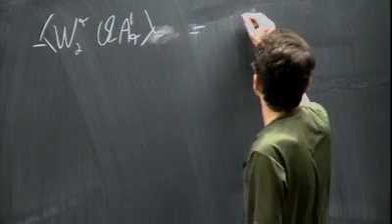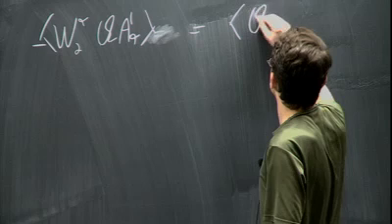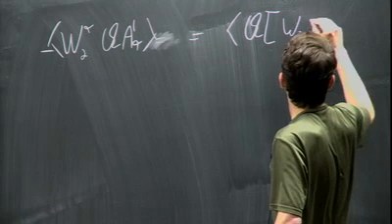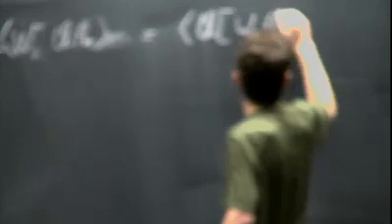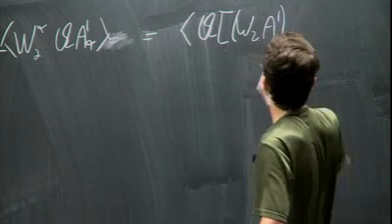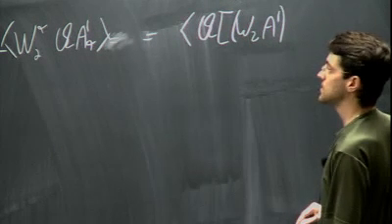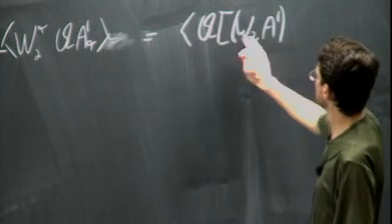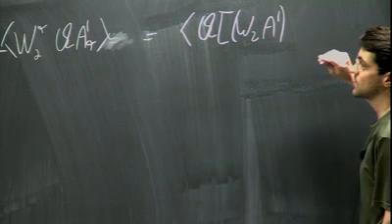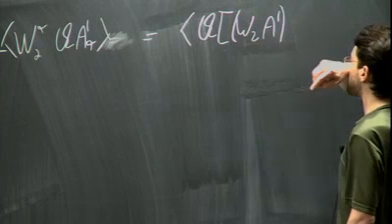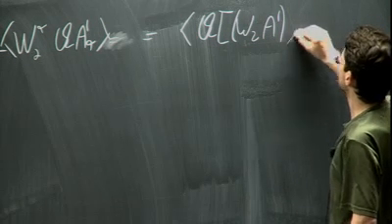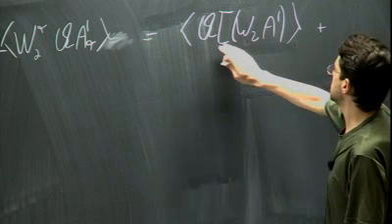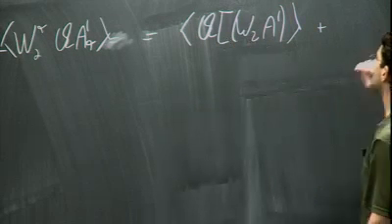This can be written as Q of W2 alpha 1, right? Because Q1 W2 is fermionic, but now we need to add the action of this.